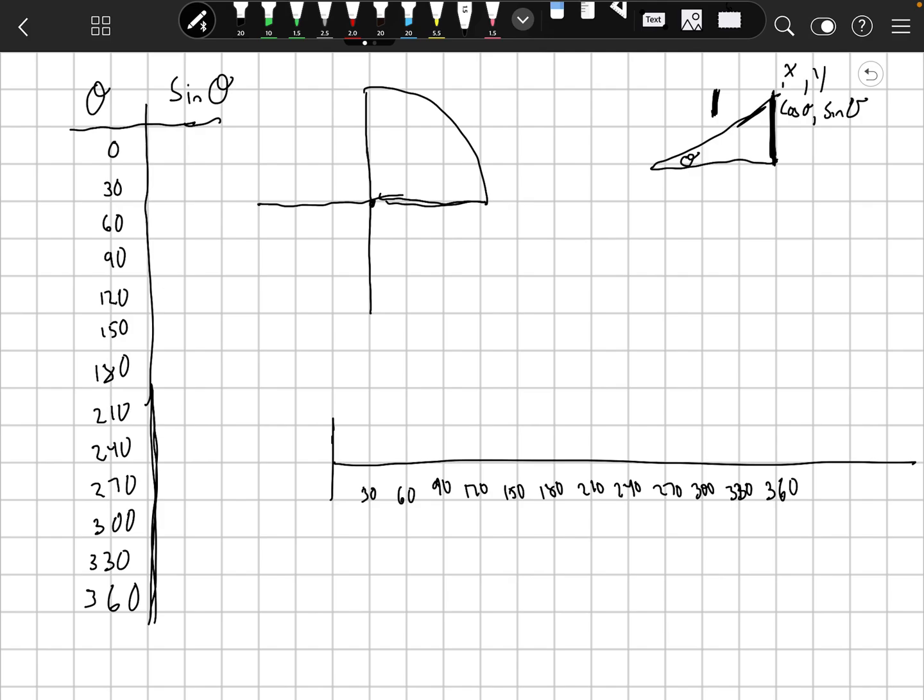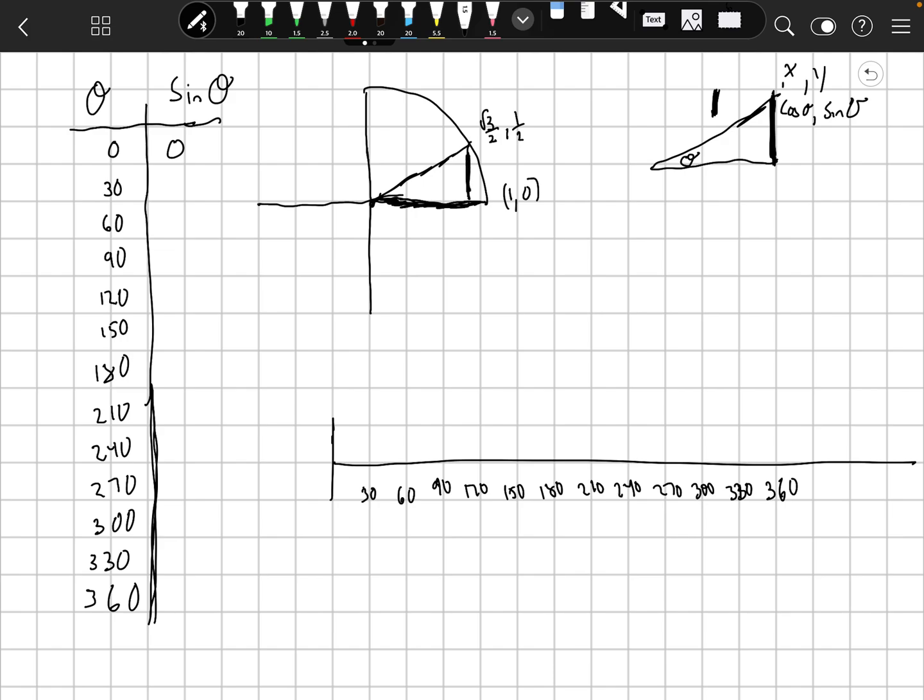I plug in 0 for my angle, and you might remember we're just plotting an angle right there with an initial ray, terminal ray, 0 degrees. And so the ordered pair is 1 comma 0, and the output would be 0. And then at 30 degrees, you might remember the 30, 60, 90 triangle, and we've got square root 3 over 2 and 1/2.